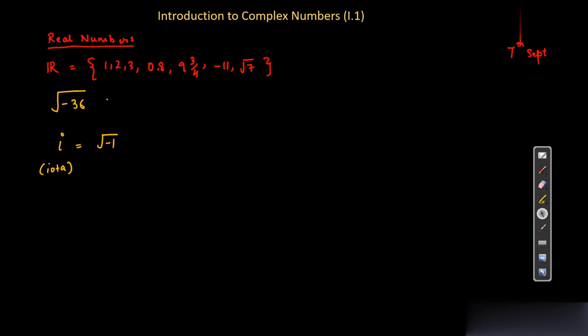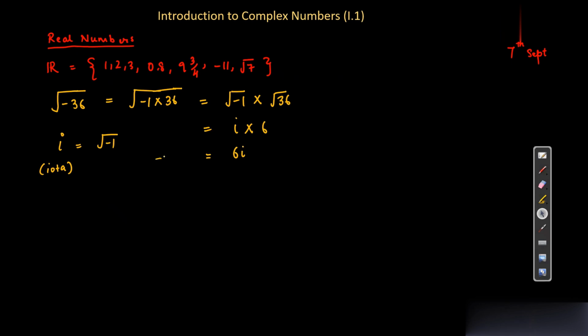So what we have to do is, negative 36 can be written as -1 times 36. Then we can separate these terms out: square root of -1 times square root of 36. We just saw that square root of -1 is i, so in place of this we write i, and square root of 36 is nothing but 6. So the answer is 6i.